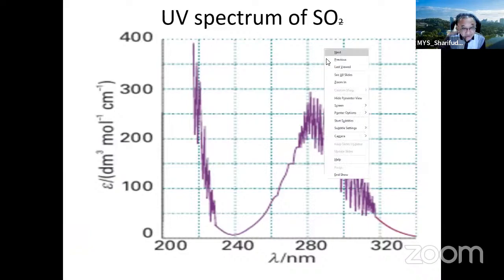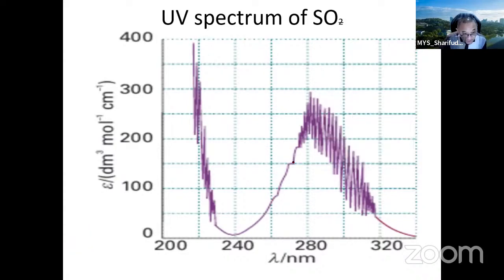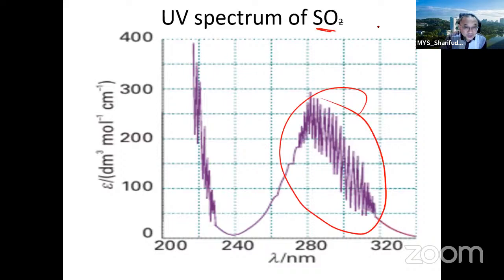You can see the progression here. But this one, of course, is for SO2, so it's not a diatomic molecule. But you can still look at the progression, and you can still calculate the excited state energy levels based on the progression.